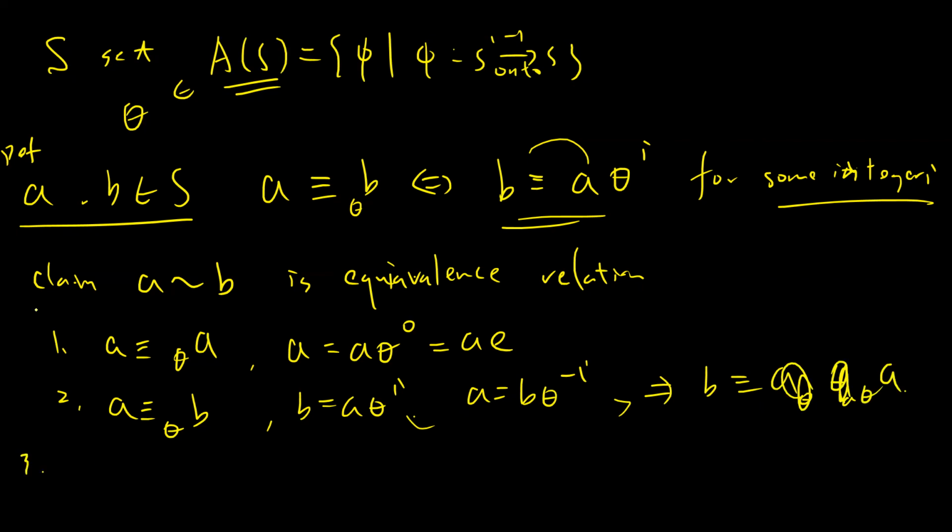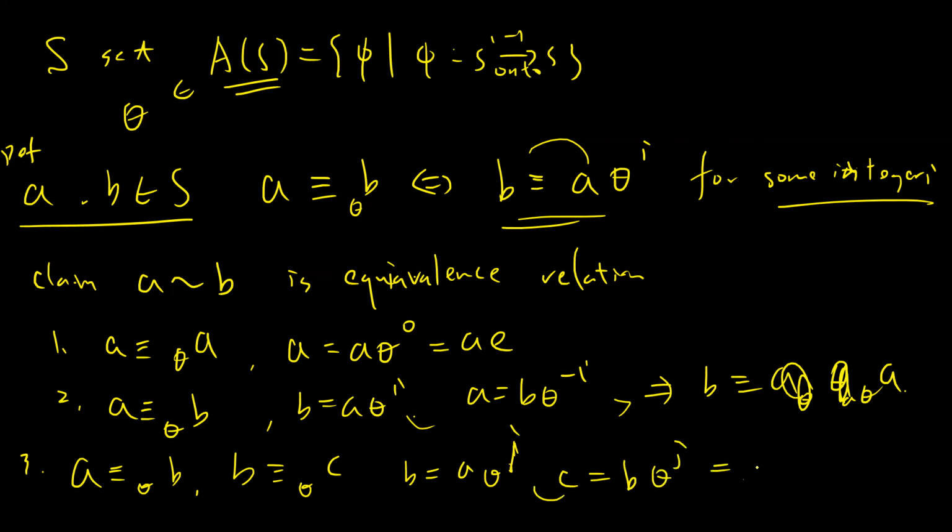Okay, so third is simple: because a is theta-equivalent to b, b is theta-equivalent to c, so b is just a theta^i, c is just b theta^j. So combine these two, you get c equals a theta^(i+j). Okay, so it's an equivalence relation.